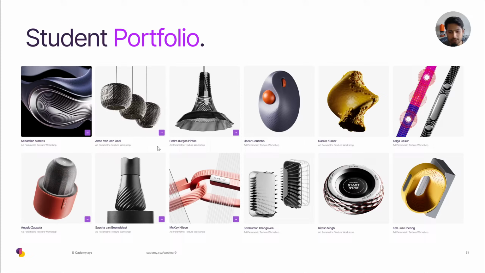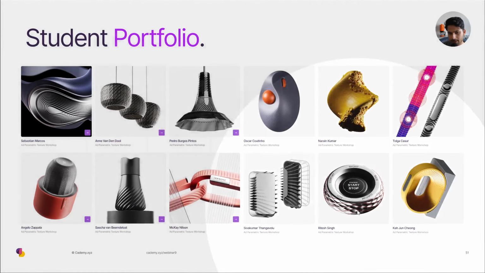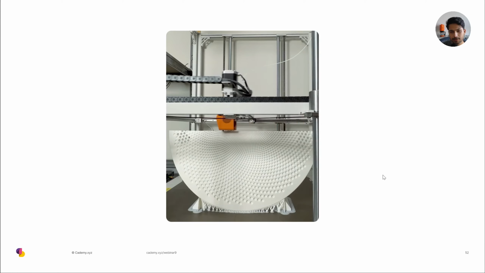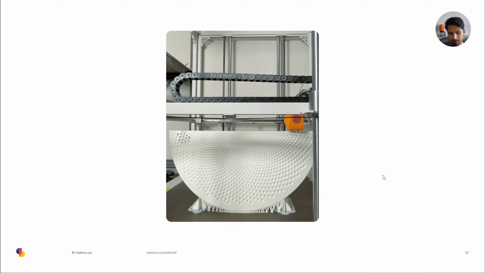These are some of the projects from our texture workshop students. For example, this one, how can you make fading patterns on products? Okay. All right. This is the end result as a 3D printed object of the design that we just made.